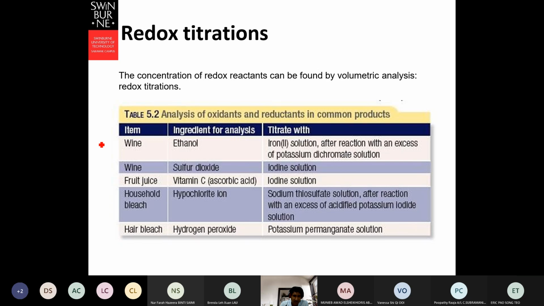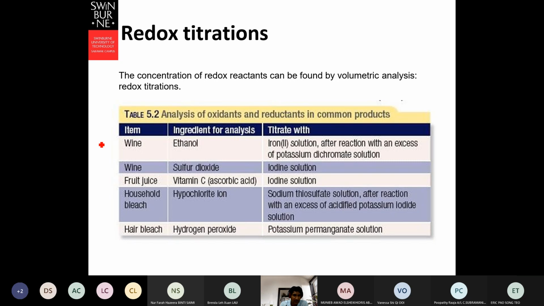Since it can change the electrical voltage to some extent by producing electrons, we can use this system to detect trace amounts of ethanol, sulfur dioxide, vitamin C, hydrogen peroxide.